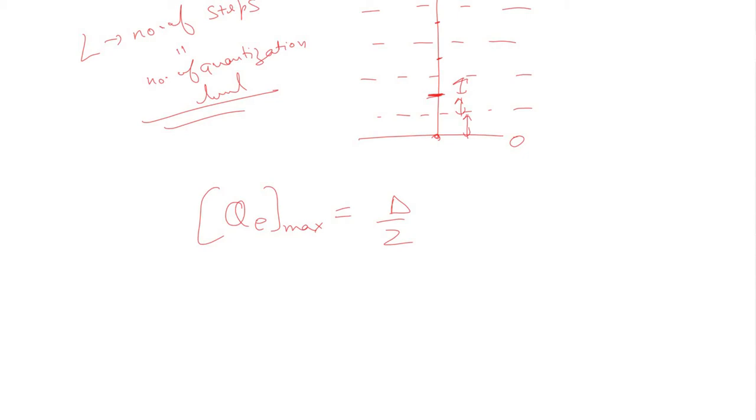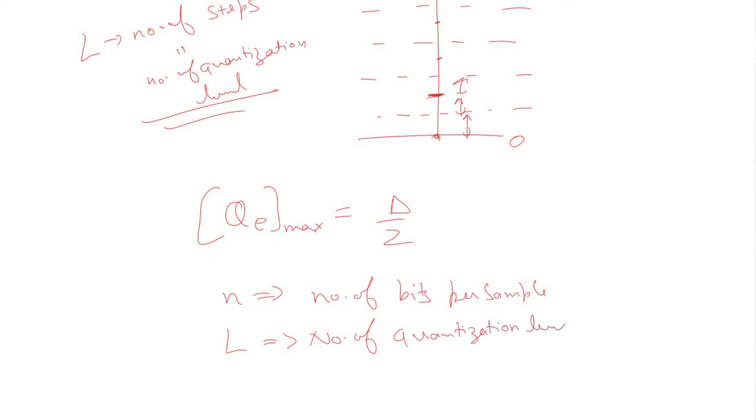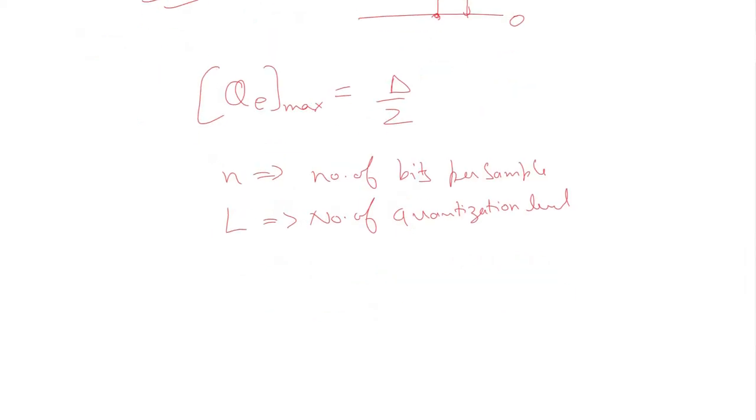And if n is the number of bits per sample and L is the number of quantization levels, we can easily correlate L and n as L equals 2 raised to power n.